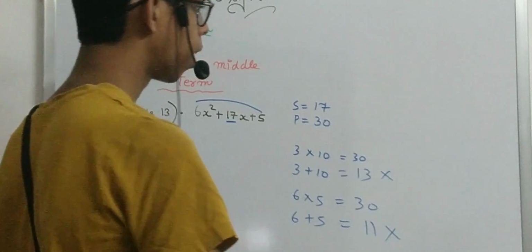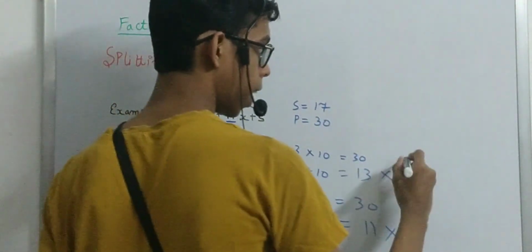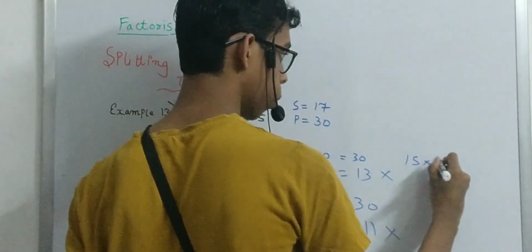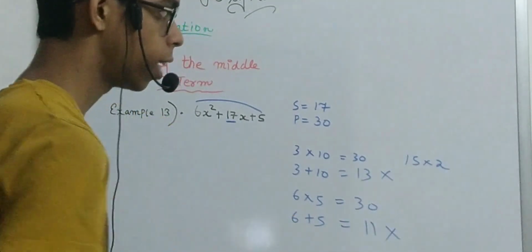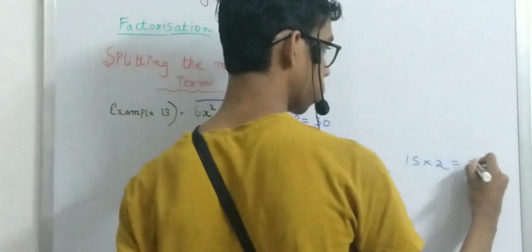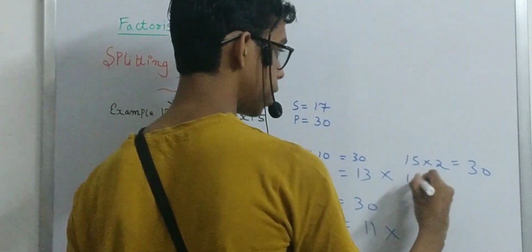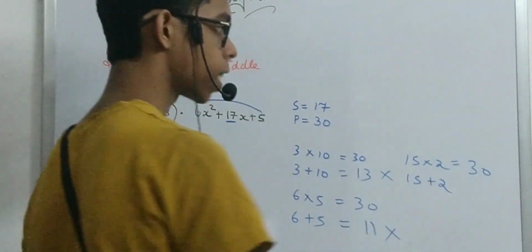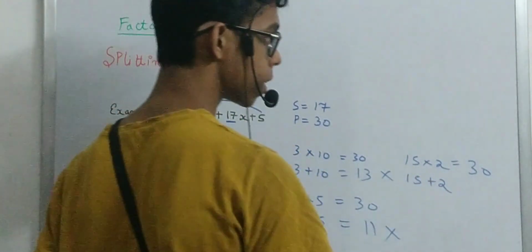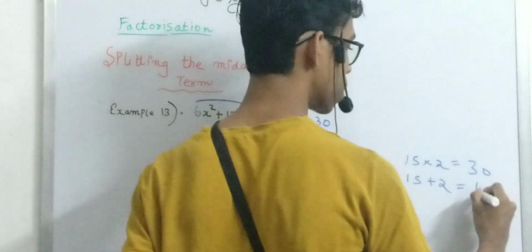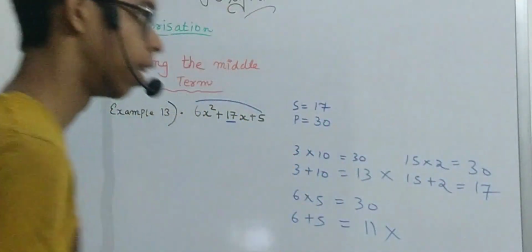So now our next possibility is we can take 15 into 2. We know 15 into 2 is again 30. Now if we take 15 plus 2, we should sum it. What is 15 plus 2? 17.